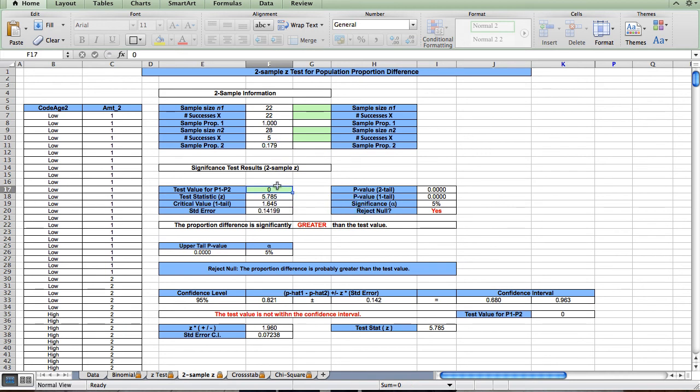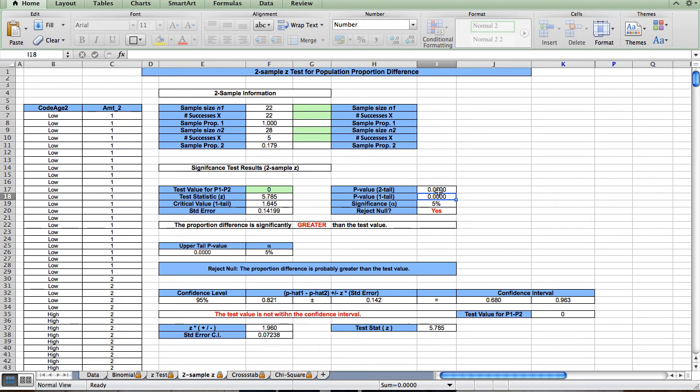Assuming no difference as a test value, we could see that our observed difference, 82%, p hat 1 minus p hat 2, or 100% minus 17.9%, ends up 5.785 standard errors above 0. Of course, our upper tail p-value is 0 to 4 places.